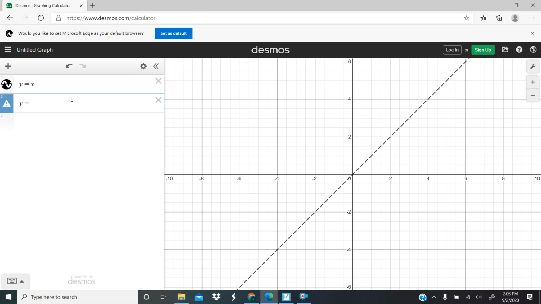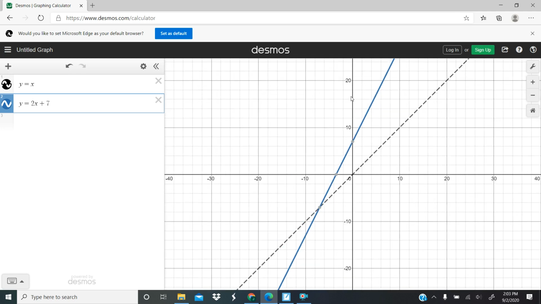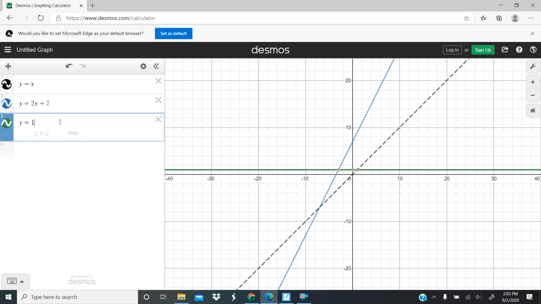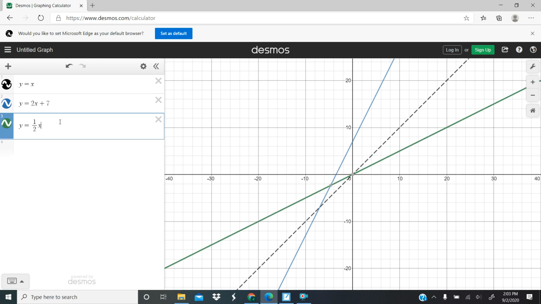My original function was y equals 2x plus 7. I'm going to zoom out a little bit so you can see that function better. And then my inverse that we found was y equals 1/2 x minus 7 over 2, or 3.5.